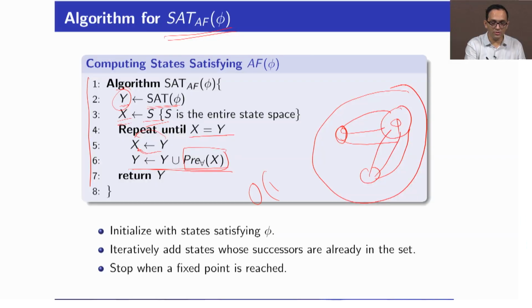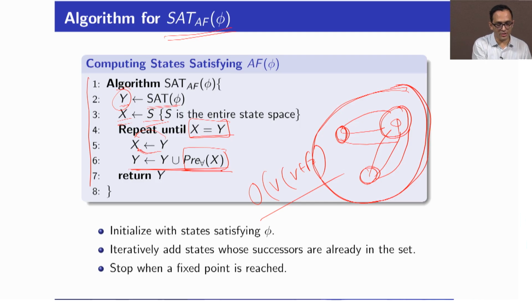As I mentioned, this needs forward BFS. In forward BFS you are visiting the edges multiple times, so the complexity would be order of V into V plus E. But it is clear what is happening here. I am taking a union of this: whatever states were there earlier and the states I identify through this, and I say all these states satisfy AF phi. I continue until I am not able to add a new state in one iteration, because I start with x and y the same, since I am copying y to x.